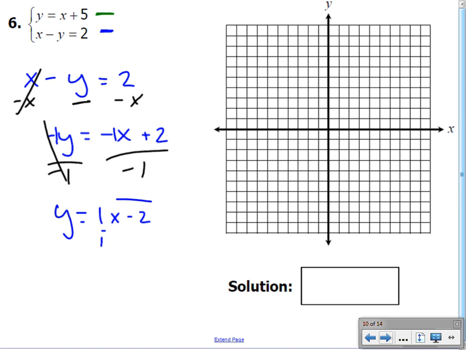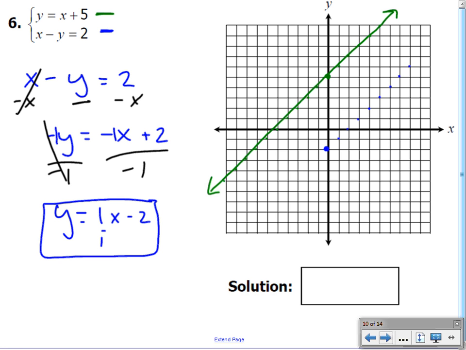So now we're ready to graph both. So let's start with the green one here. Y-intercept of 5, slope of 1. Bottom equation, we have a y-intercept of negative 2, and again, the same slope.